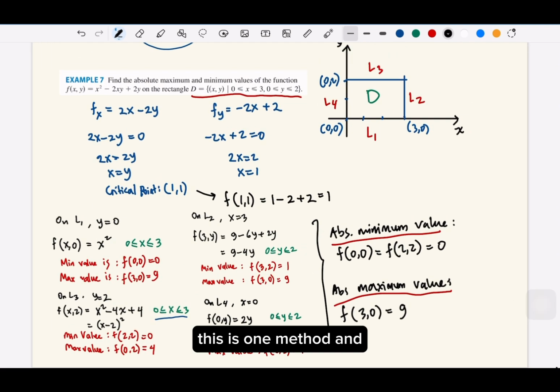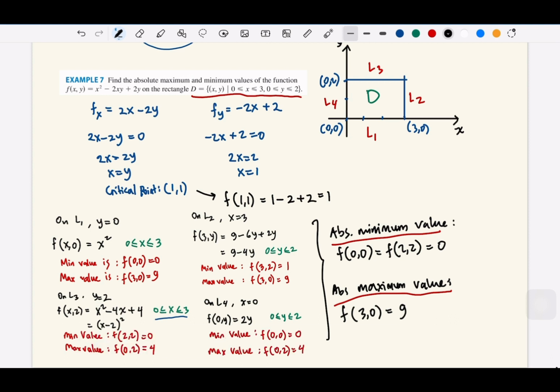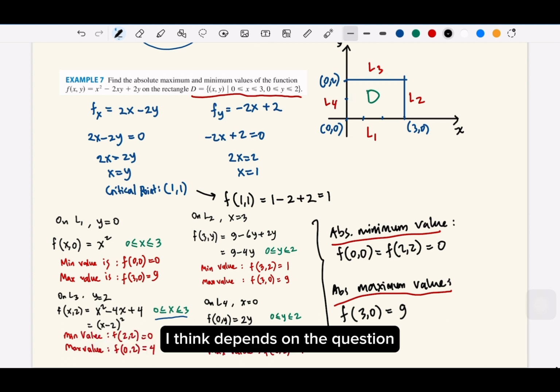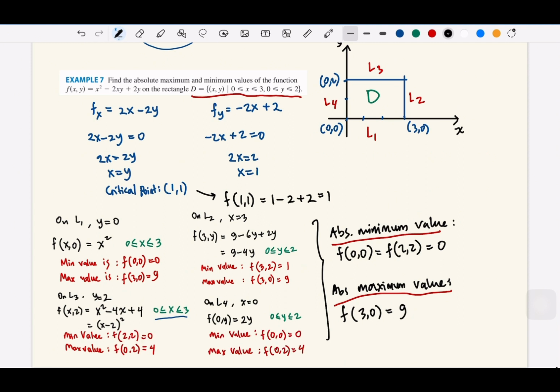This is one method, and to find the maximum and minimum value for something like this depends on the question. If the question is just to find the maximum value, you have the function, you have the rectangle, the interval, and it should be easy to elaborate.